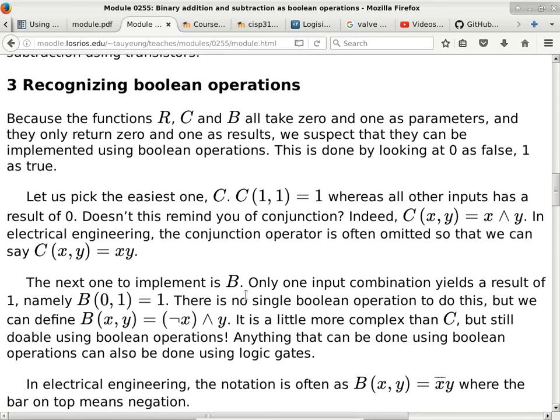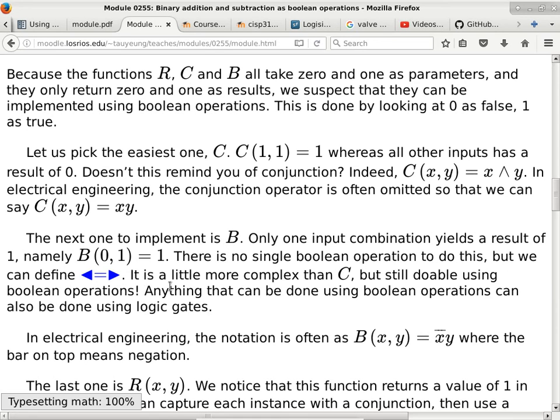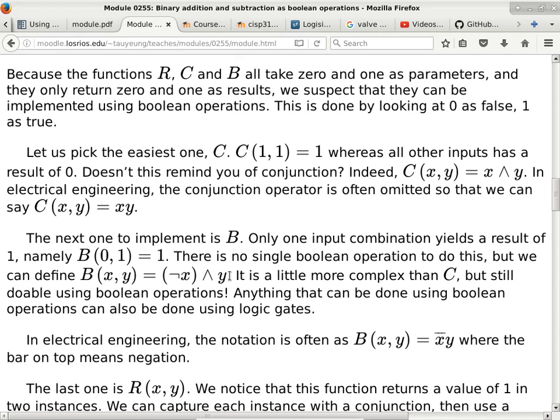If you scroll down here, this is how we can do the borrow function, using only logical operations, Boolean operations: not x and y. Those are the mathematical symbols for negation and conjunction.